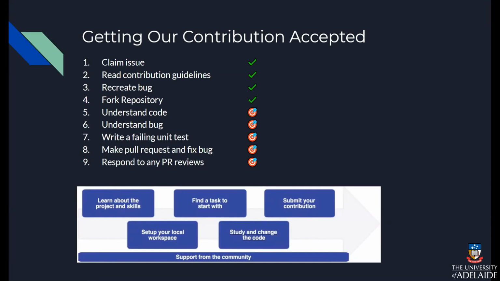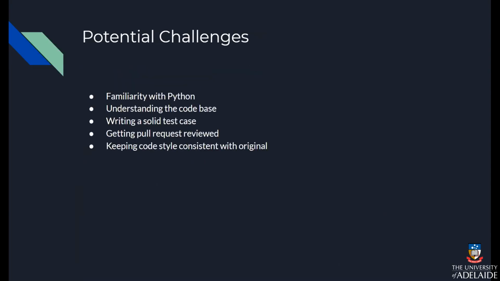We have recreated the bug, so we know it is an existing bug and hasn't been fixed already. We have forked the repository, and we are next going to try to understand the code and the bug, and write test cases for it. After we've fixed it, we'll make pull requests. This will lead into responding to any reviews on our pull request.